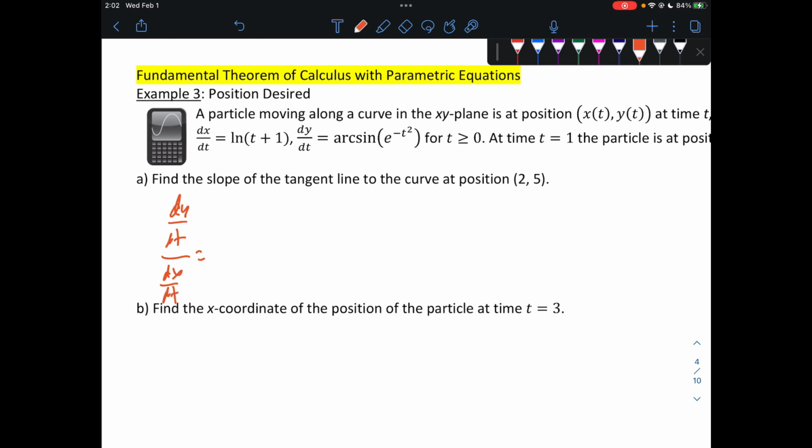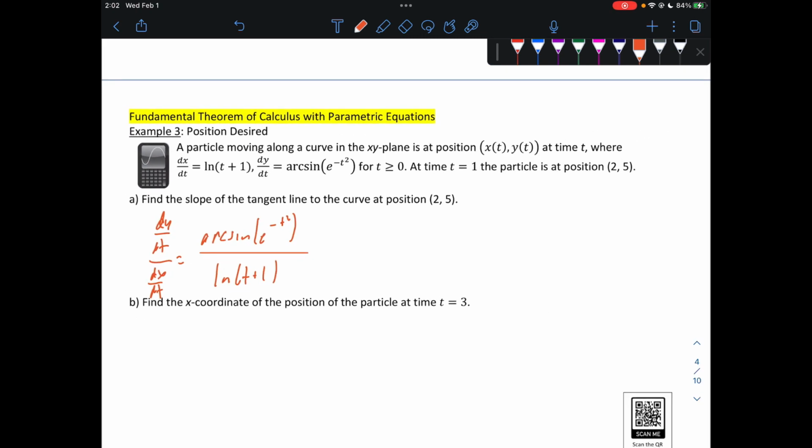All right, so that's going to be, we already have these, arcsine of e to the negative t squared over ln of t plus 1. So we're trying to put in (2, 5) there, but we can't really put x and y in there. But luckily we know that (2, 5) is t equals 1. So all we're going to do is put t equals 1 into that. And that's something we can do in our calculator here. We're just going to type in arcsine of e to the negative 1 divided by ln of 2.